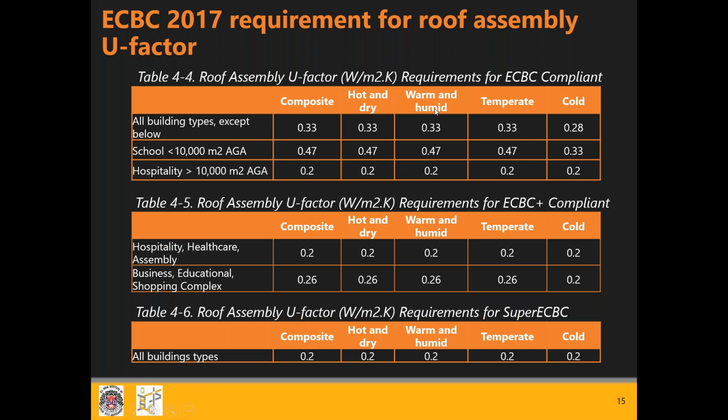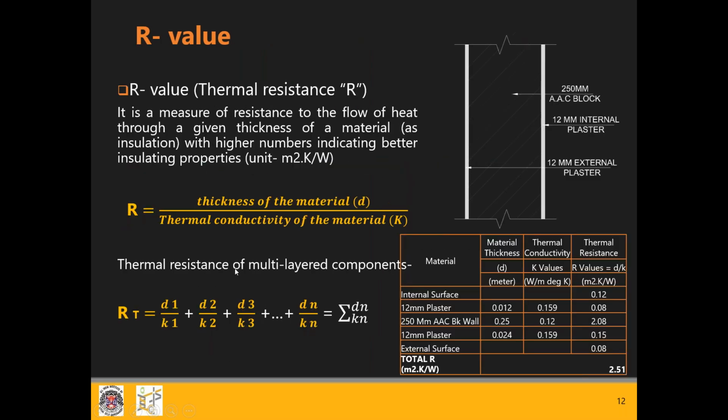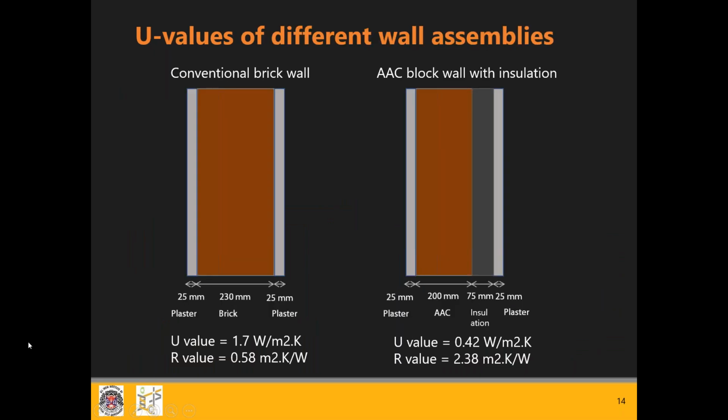So as we can see, you can use the calculation method given here to come up with the U values and the R values of certain options of your building envelope. For example, this is a calculation for a conventional brick wall, that is just 230 mm brick with 25 mm plaster on either side.